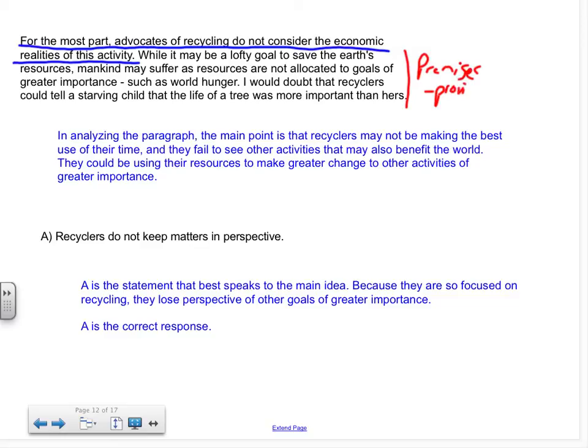I'm just writing premises provide support for conclusion. First line.